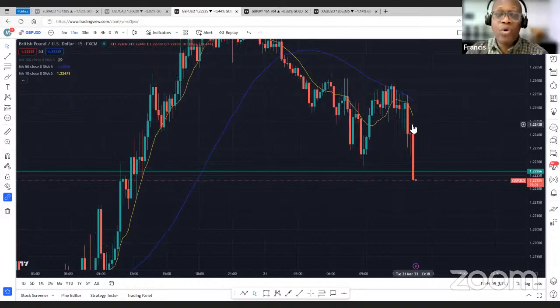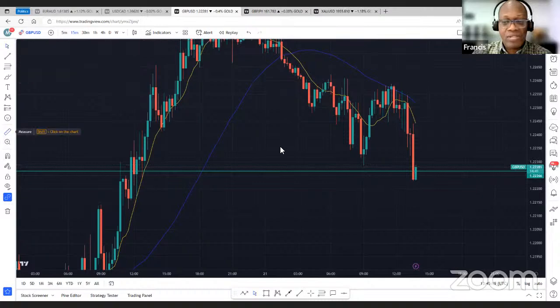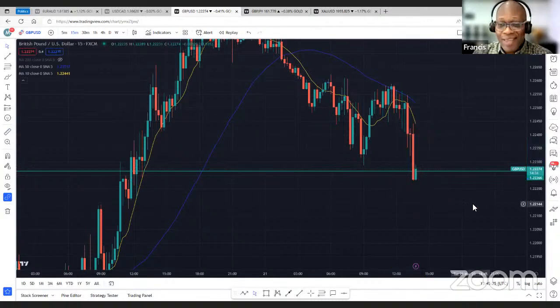For those of you watching either on YouTube or on Zoom that are part of the GWT group, you know our flagship strategy, combined with what I just taught here now. This was 19 pips. This has now given us 19 pips, 1-to-1 at least.